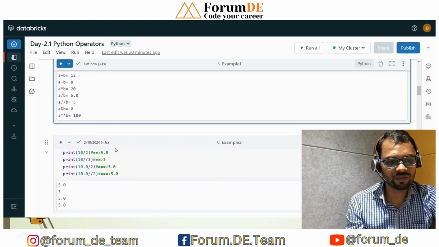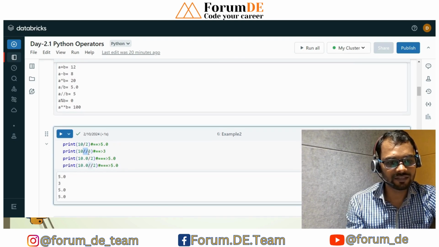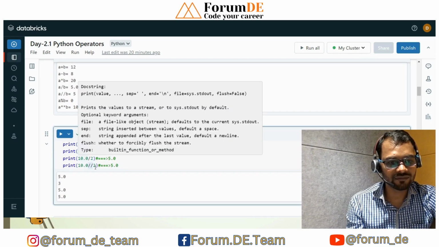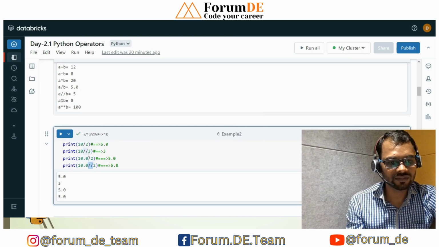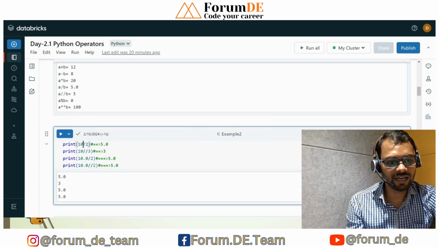There are some more examples on the arithmetic operators: division, double division, that is float division, and floor division. Suppose you have an integer and divide it by any number, it will always give you a float number, like 5.0.